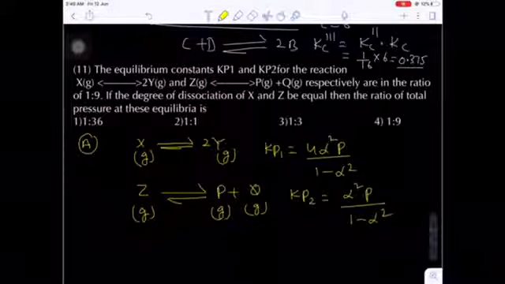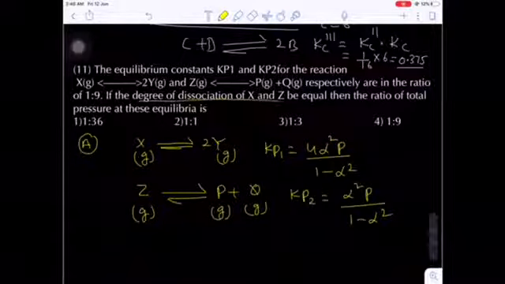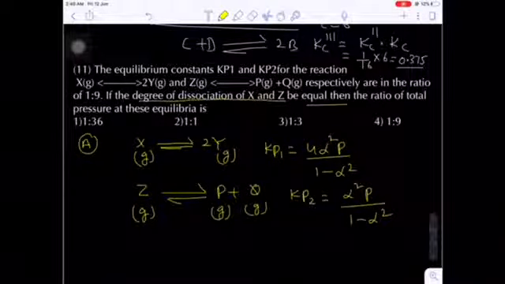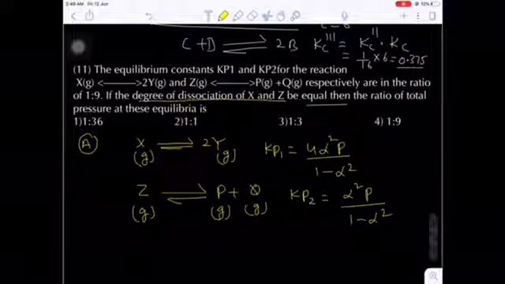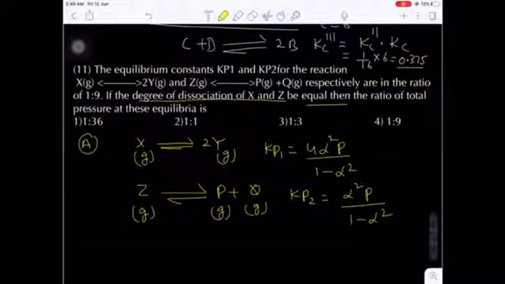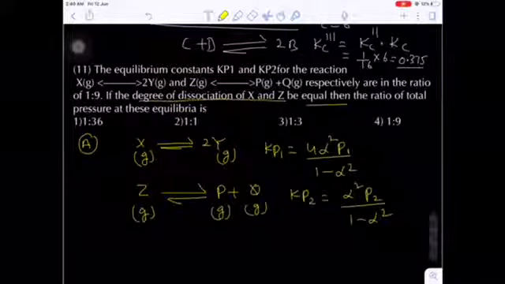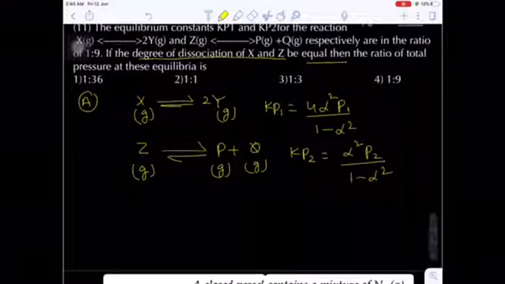Yes or no? Now here in the question, the degree of dissociation alpha for both are equal, so that's why I am writing alpha, but the pressure will be different, that's why I am writing P1 here and P2 here.